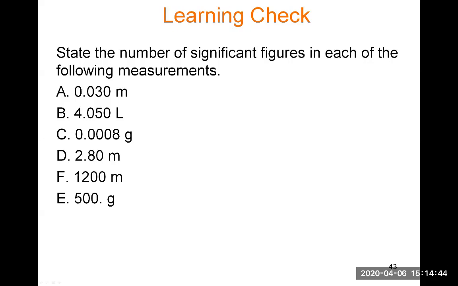Then you hit the 3 and that's a non-zero digit, so that counts. And after you've seen the 3, whatever comes after will count. And so the 0 to the right of the 3 is significant. So in this measurement, we have 2 significant figures, and it's the 3 and the 0 to its right.